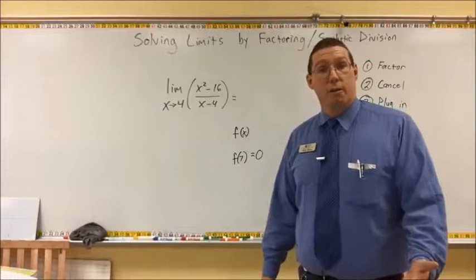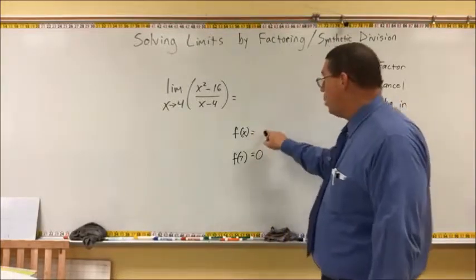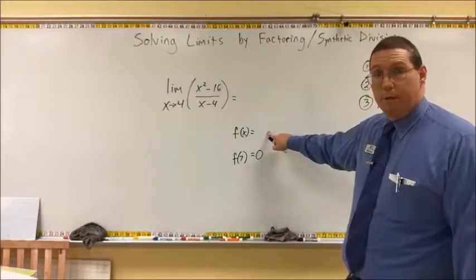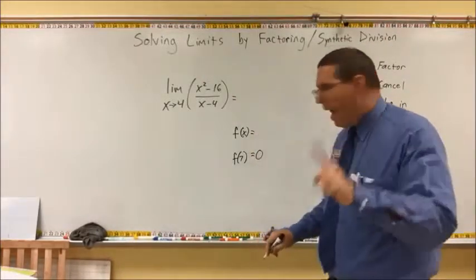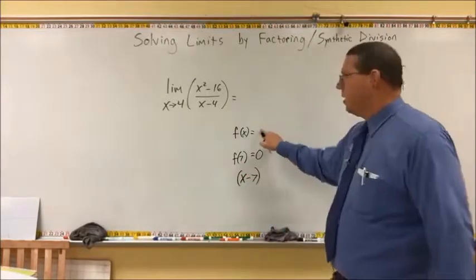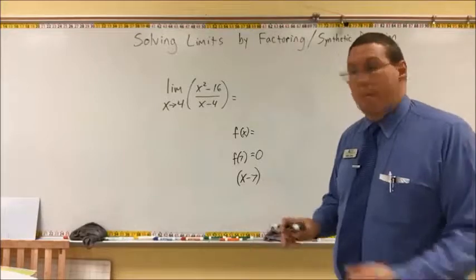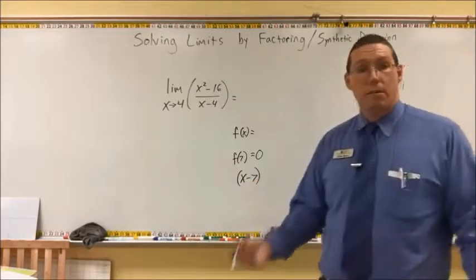The factor theorem says that, assuming this is a polynomial, that polynomial must have an x minus 7 inside of it as a factor. Because when you plug 7 in, 7 minus 7 is 0.